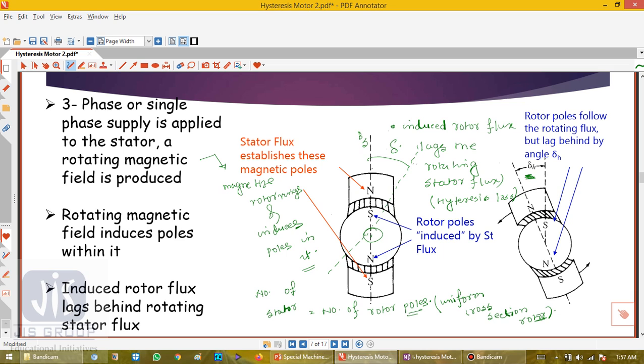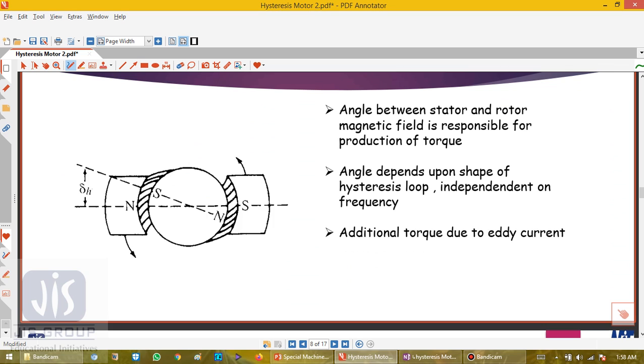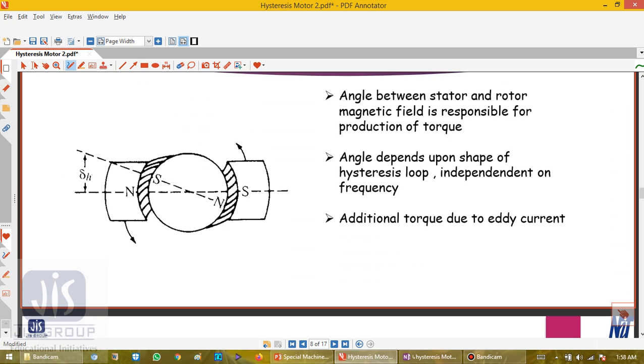This angle is responsible for the production of torque. The rotor poles follow the rotating flux but lag behind by the angle delta. So this angle between the stator and rotor magnetic fields is responsible for the production of torque.